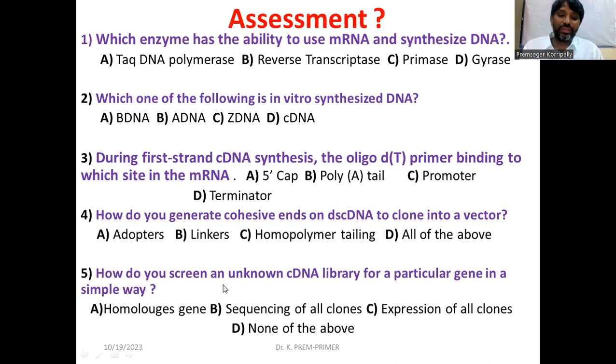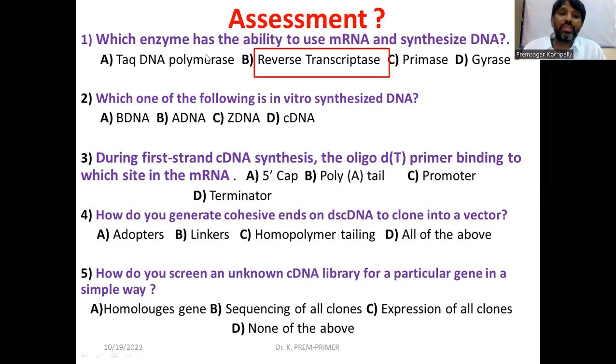How do you screen an unknown cDNA library for a particular gene in a simple way? Suppose a chimpanzee's cDNA library is constructed, right? Then how do you screen one or two genes out of it? If you are comfortable, you can answer them. If you are not comfortable, I'm going to reveal the answer also, no problem.